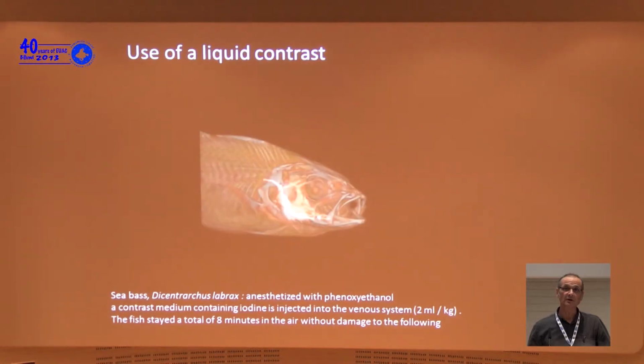The liquid contrast can be put with the food to examine the digestive tract, or in the circulation. So we inject liquid contrast into the circulation, in the venous system of the sea bass, and we can show the venous system there.